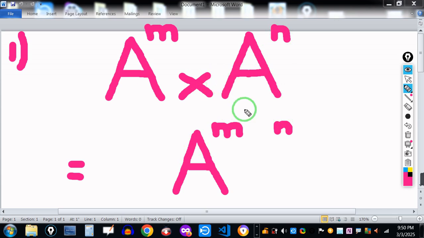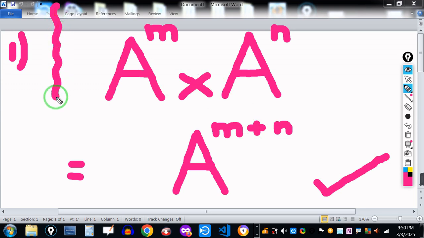It will come up to be a plus. Or you can even turn the other way, 90 degrees only, and then it will look like a plus. That, my dear mathspreneurs, is the very important law number 1 of INDICES.